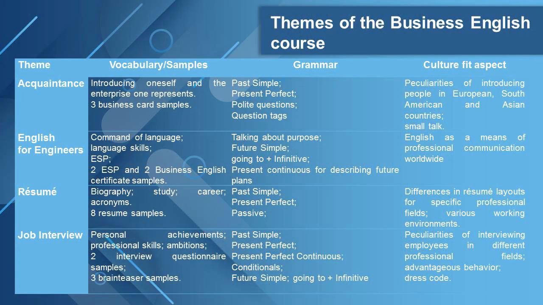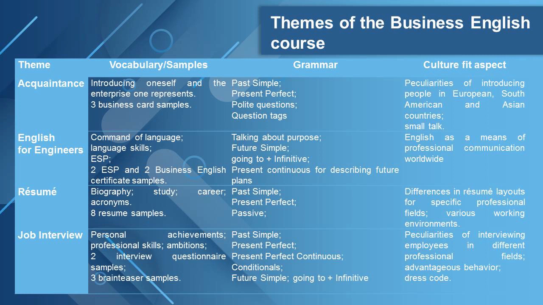The Business English course includes several topics aimed at forming skills in applying for a job, having a job interview, establishing business relations, and maintaining contact with employers, colleagues, partners, and clients, writing and responding to business letters, communicating face-to-face, via telephone, and online.